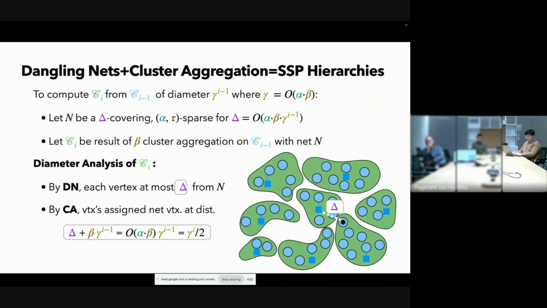So the point here is that this vertex, instead of going to its nearest portal, got sent to this other portal, but because of how I chose the parameters, its distance to its nearest portal is gamma to the I/2. Now, just by triangle inequality, this means that any vertex in this green cluster pairwise are within gamma to the I. Okay, that's the diameter analysis.